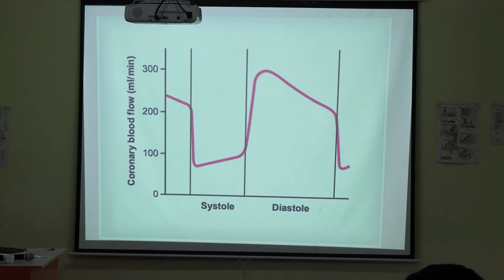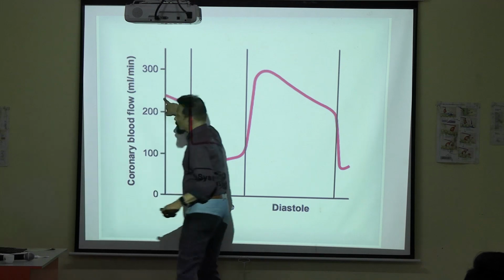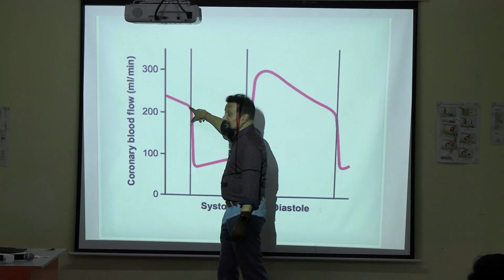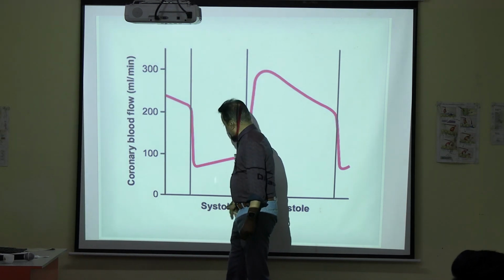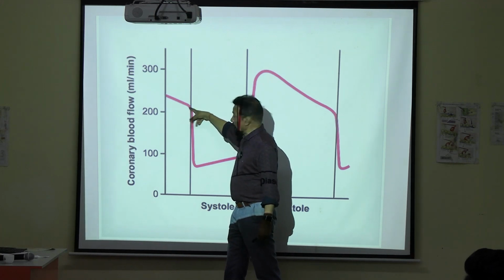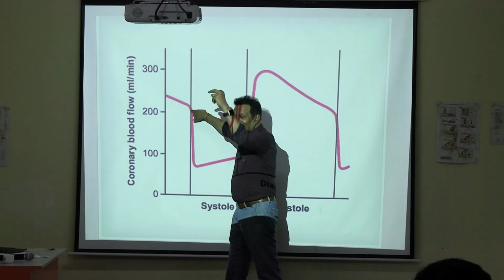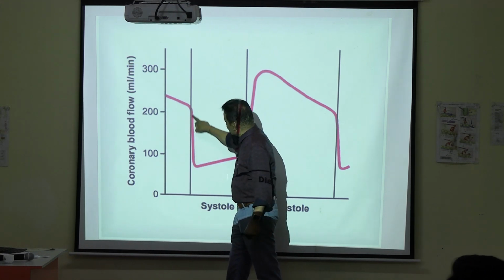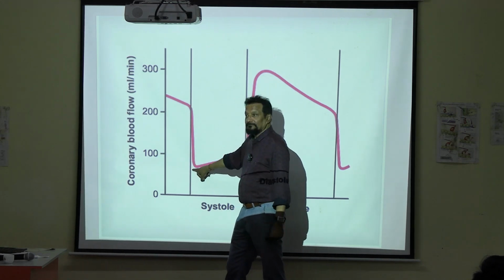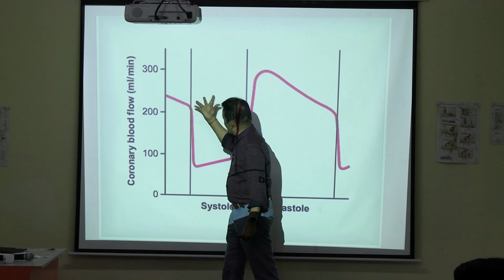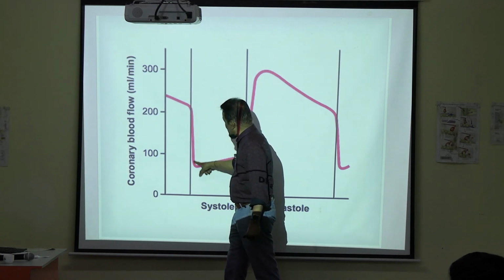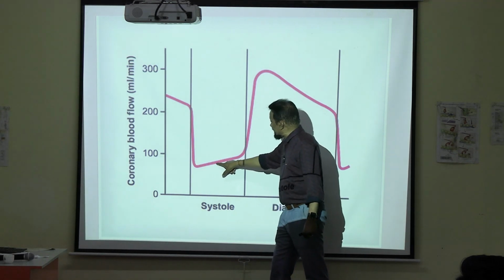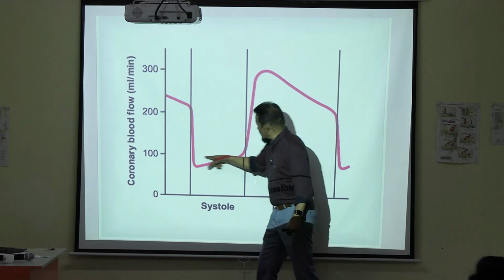Normally we said the flow is 225 per minute. This is the 225 before systole. We know during systole flow reduces. At the initial part of the systole, it may come down below 100, say about 90. Then it gradually rises to about 100 ml.